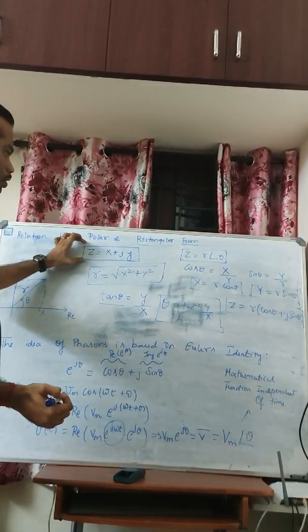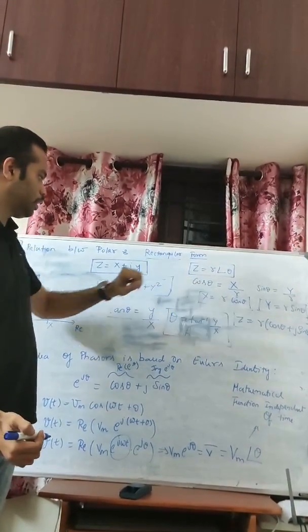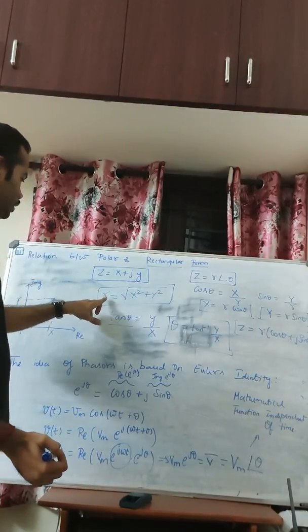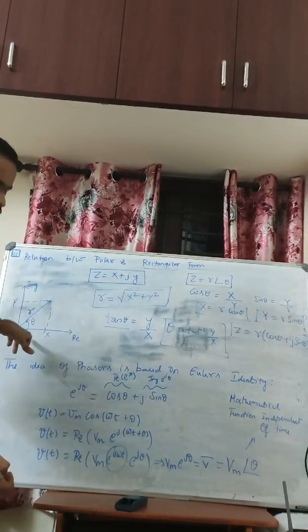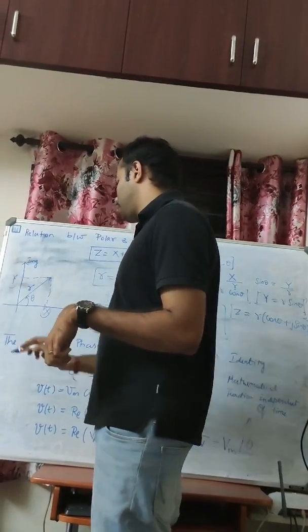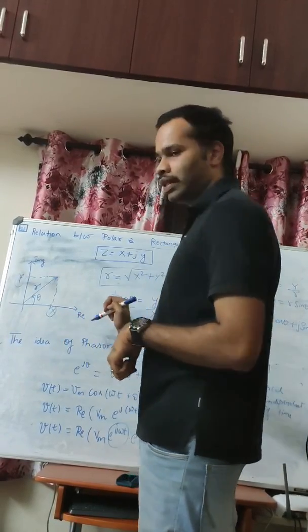This is the general representation of a rectangular form, and this is the representation of your polar form. In order to get r and theta, you know that r represents the magnitude of this vector, so you need the x and y components. r is the square root of x square plus y square.